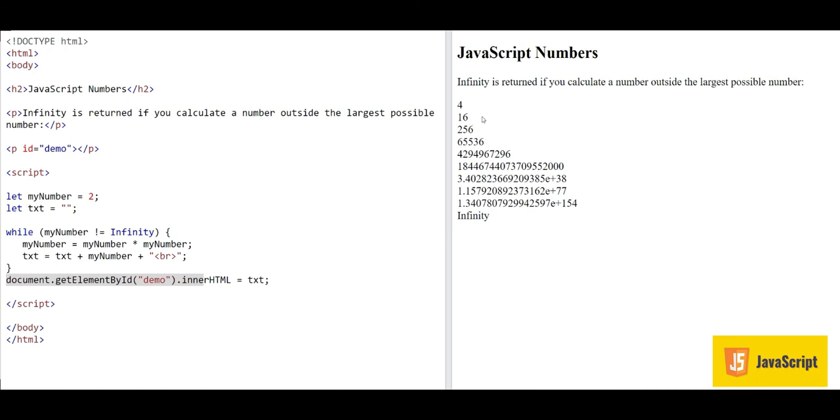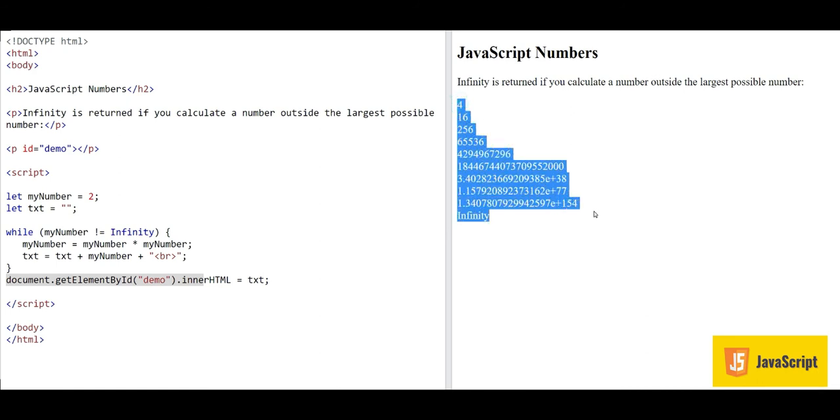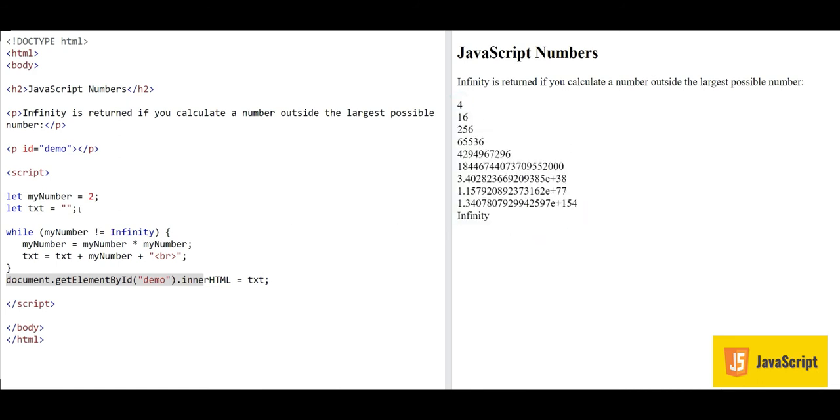So this is the maximum result we can achieve with the multiplication of 2 by itself, and here Infinity says it can't do multiplication of anything more than this.